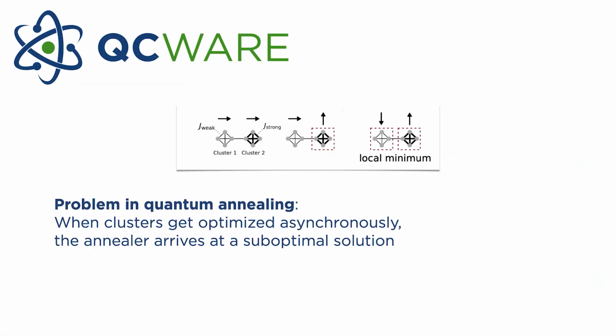Now, the problem potentially with quantum annealing is that some parts of the system reach their minimum energy state before other parts. And when that happens, you can have a misalignment of the final whole state where you reach only a local minimum and not a global minimum. What is really the cause of this problem is that the annealing happens in an asynchronous manner, that some parts move faster than other parts for one reason or the other.